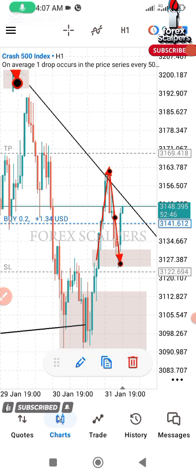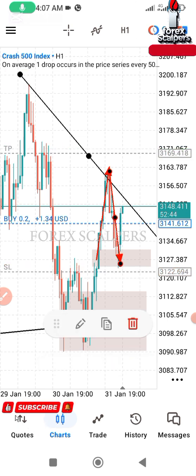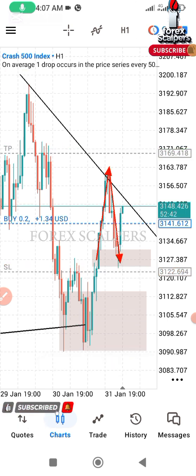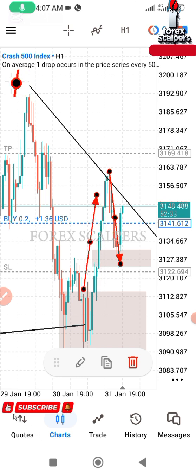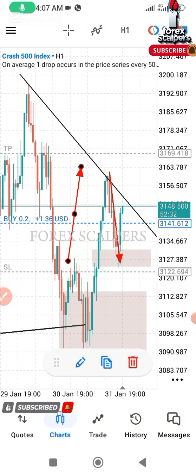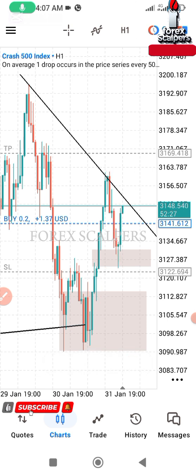So you see that return of price. If you observe carefully, you realize that price filled into that gap, almost 80%. The price filled the gap 100%.